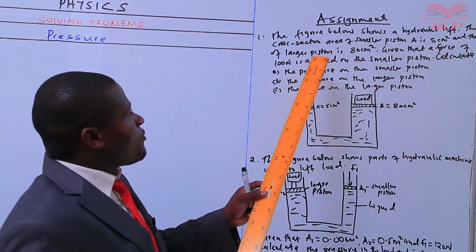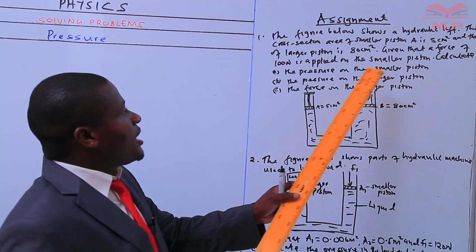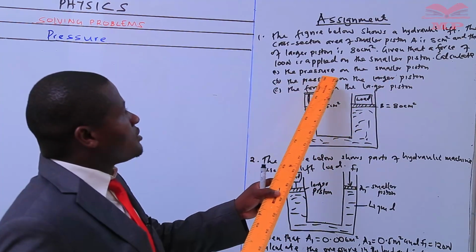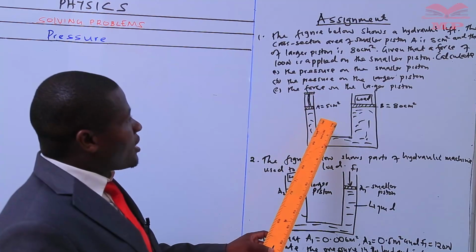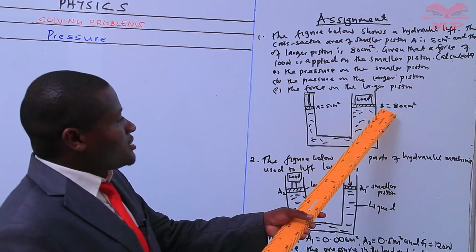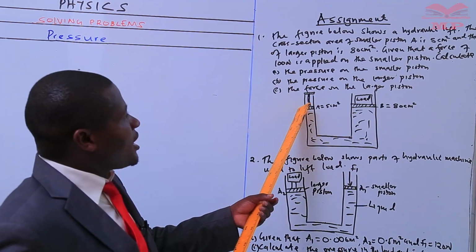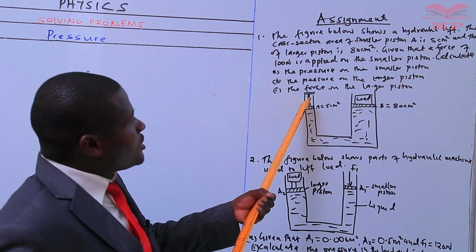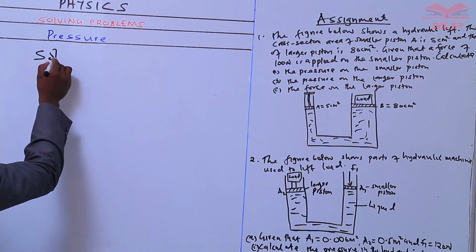Given that a force of 100 Newton is applied on the smaller piston, calculate A, the pressure on the smaller piston. So we have here our diagram. This is small and this one is large. We are being asked to calculate pressure on the smaller piston. So we have the solution.